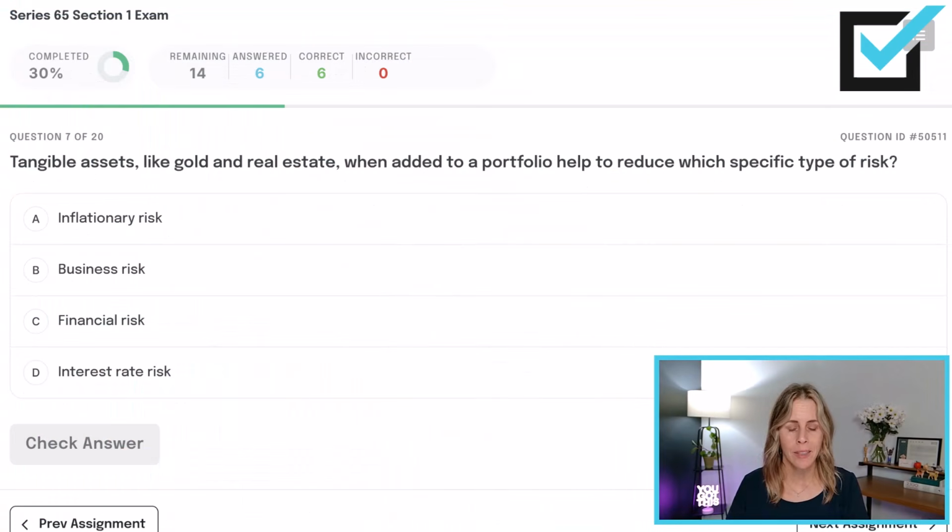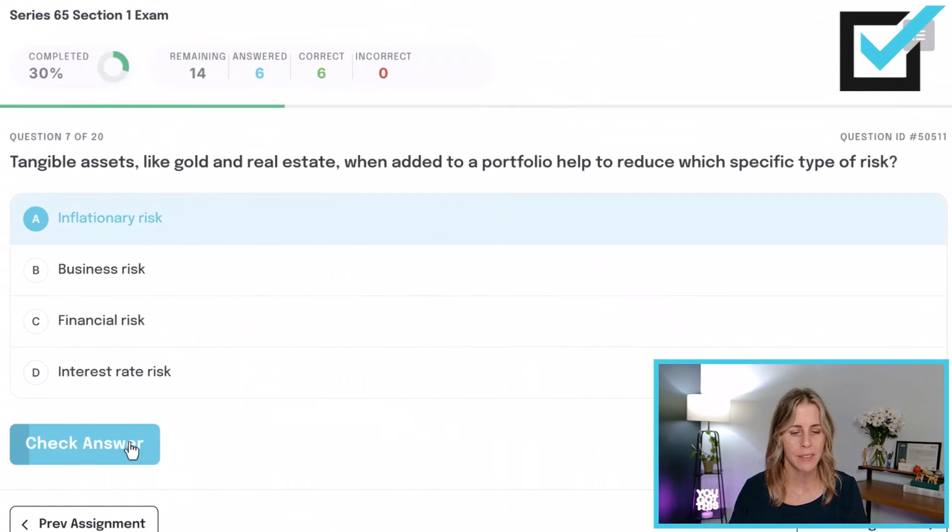Tangible assets like gold and real estate, when added to a portfolio, help to reduce which specific type of risk? Tangible assets, inflationary risk, business risk, financial risk, interest rate risk. Business risk is investment specific. Financial risk, also called credit risk or default risk, has to do with the financial health of a company.